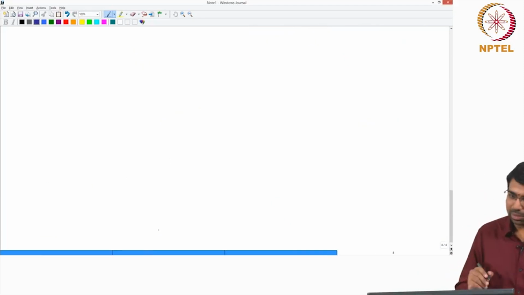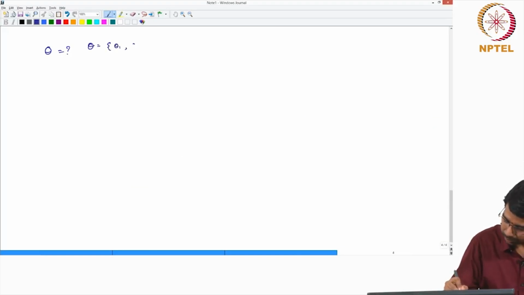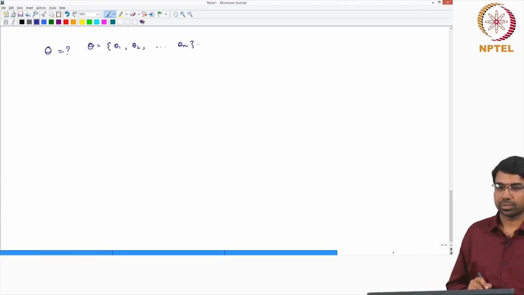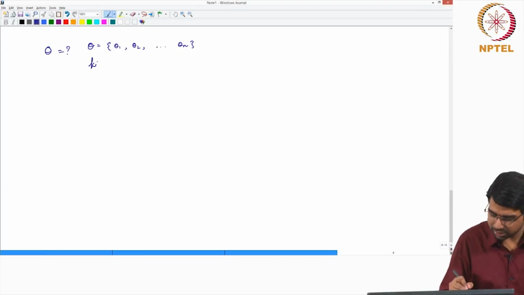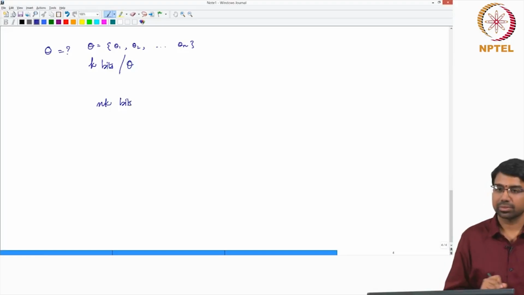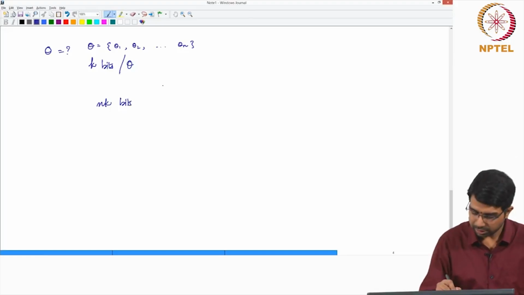So, what is your bit vector, because what is it that you want to estimate, you want to find out what is theta, and let us say theta equals theta 1 to theta n, right. And let us say we use some k bits per theta, you will end up having nk bits, right.